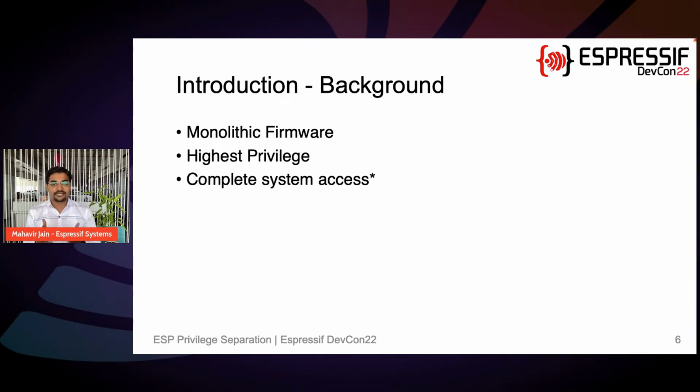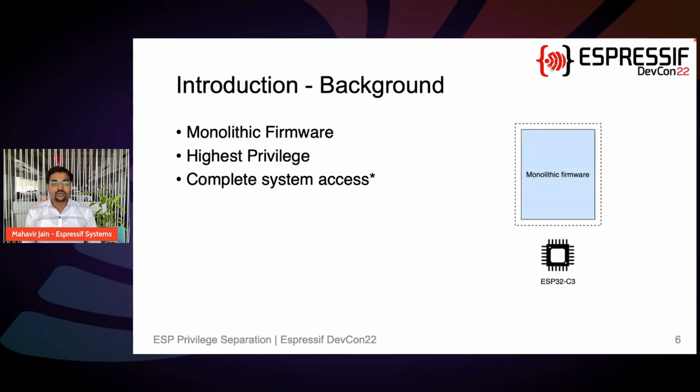So there is a certain level of access that we can control, but otherwise this monolithic firmware has pretty much entire system access. Here we are taking ESP32-C3 as an example, which is the exclusively supported SoC in this particular framework. We can see the architecture over here, which is monolithic firmware executing on the ESP32-C3 silicon.